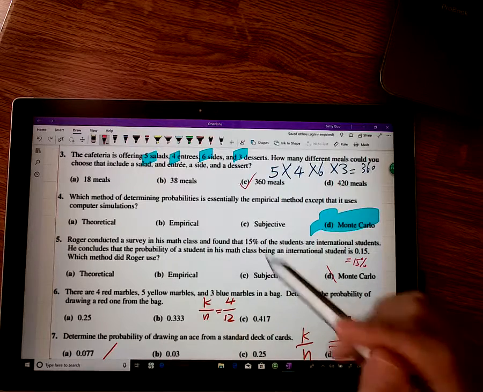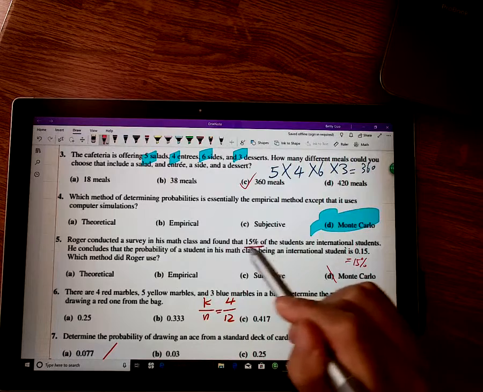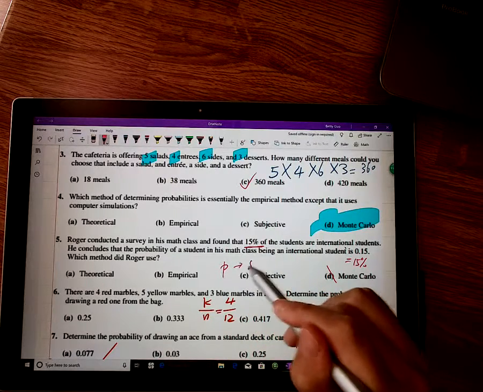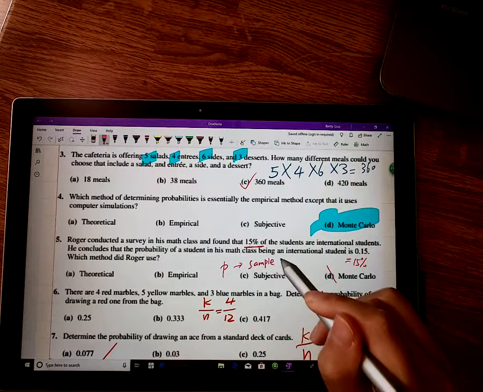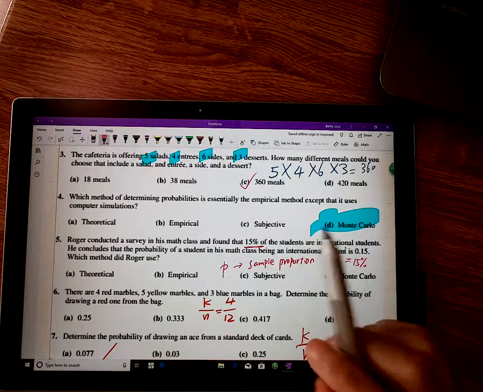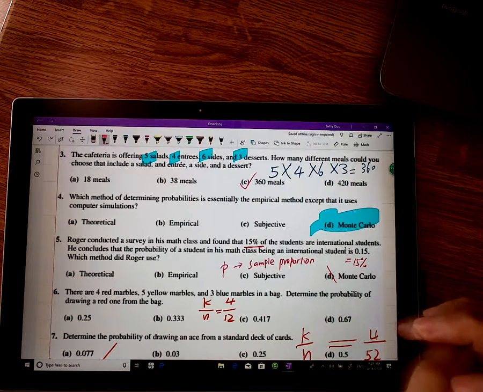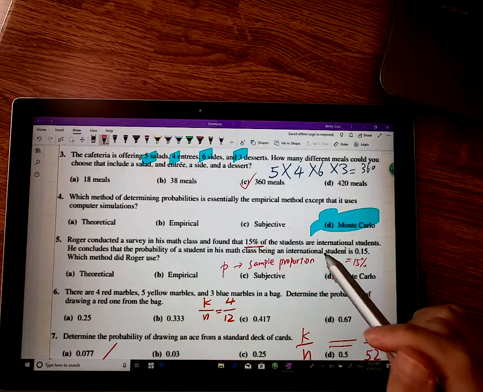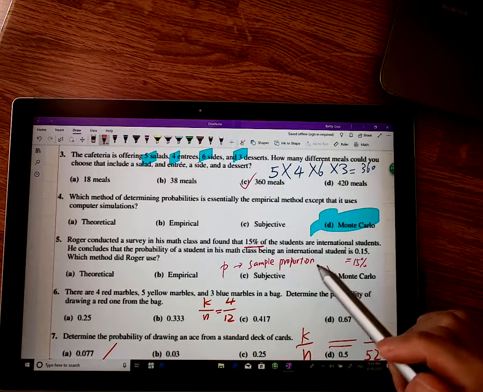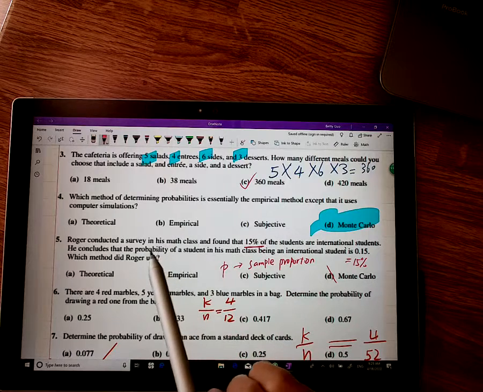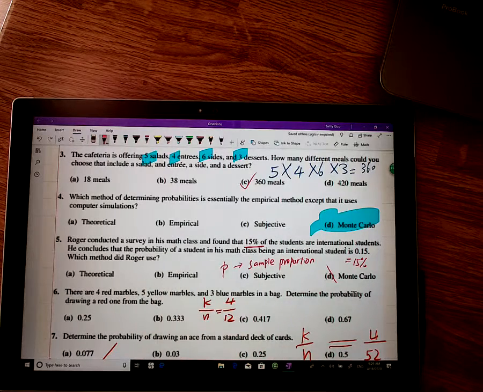Yes, because 15%, that is a sample proportion. Remember, in empirical probability model, we use a sample proportion to estimate the actual probability. The sample is the students in Roger's class, in his survey.